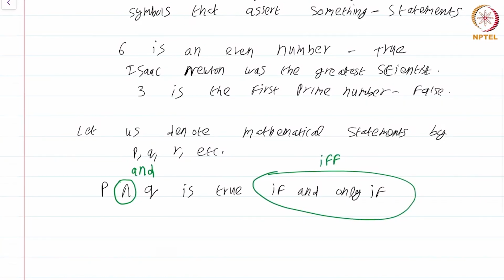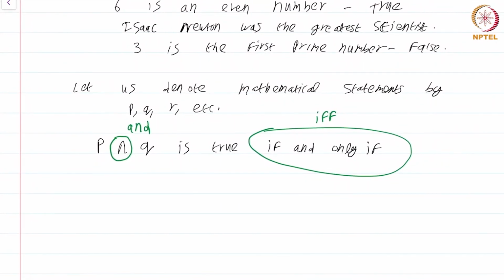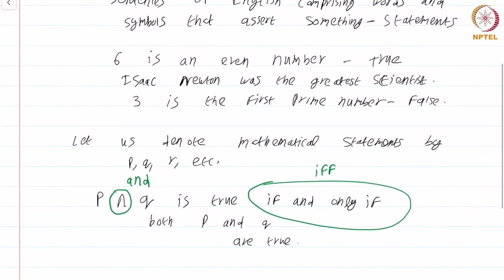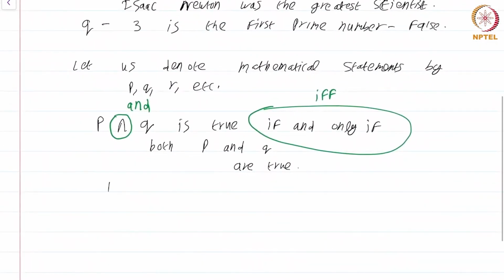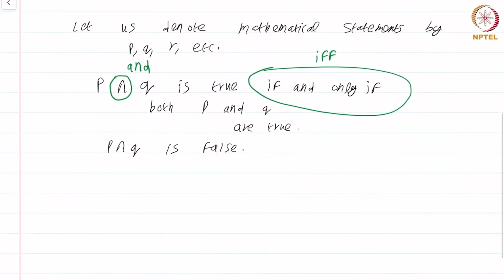So the statement P and Q is true if and only if both P and Q are true.